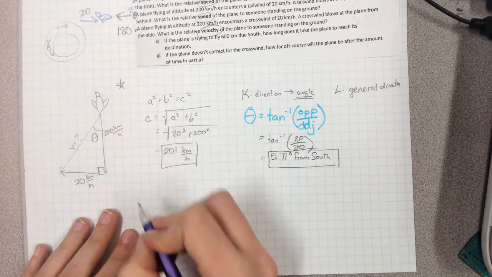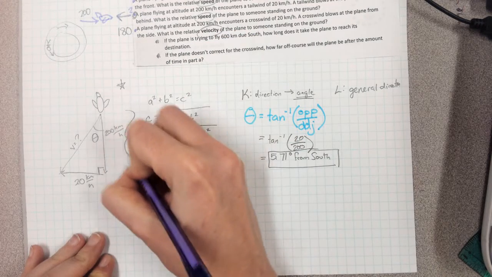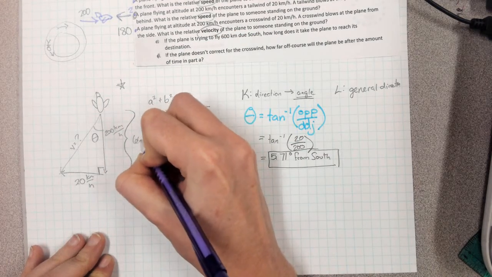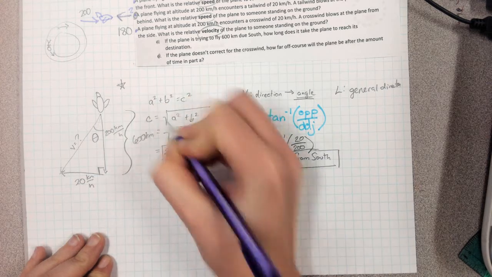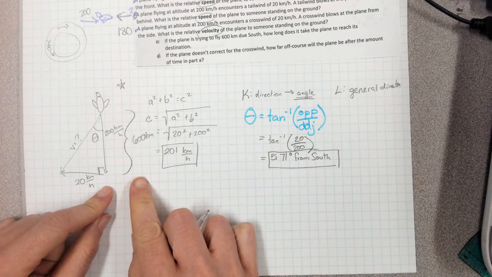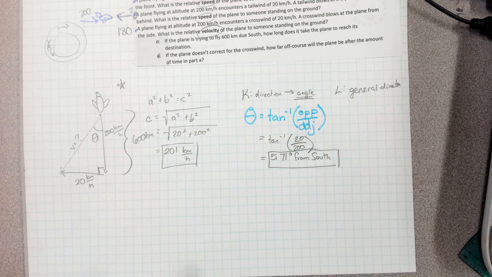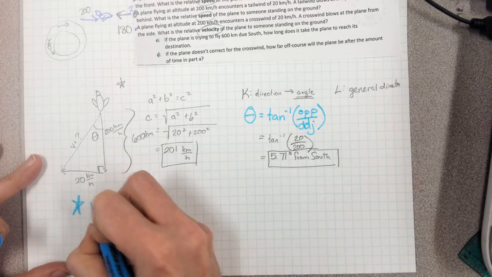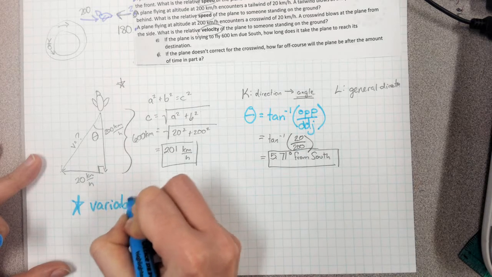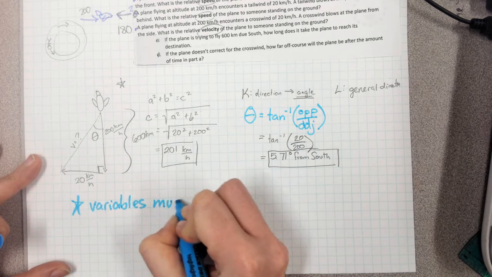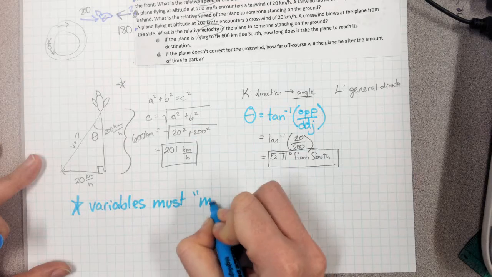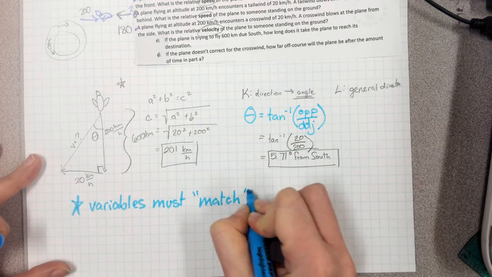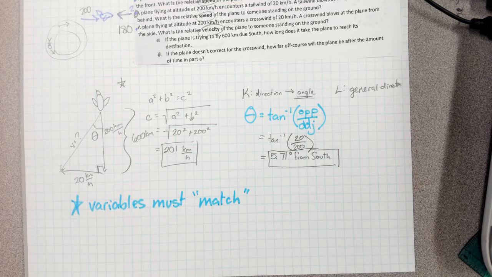For this next part, if the plane is trying to fly 600 kilometers south, just like in all parts of physics, our variables must match.